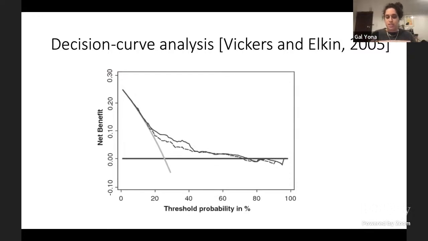If you're a clinician working on a diagnostic test where you want to use a threshold of, say, 0.4, because that's the structure of the test, then you see that this model has clinical utility for this value. Okay, so that's just like a 3-minute, maybe more, introduction to this area.